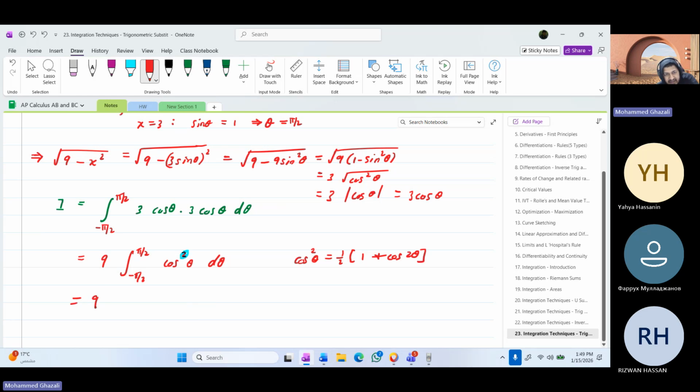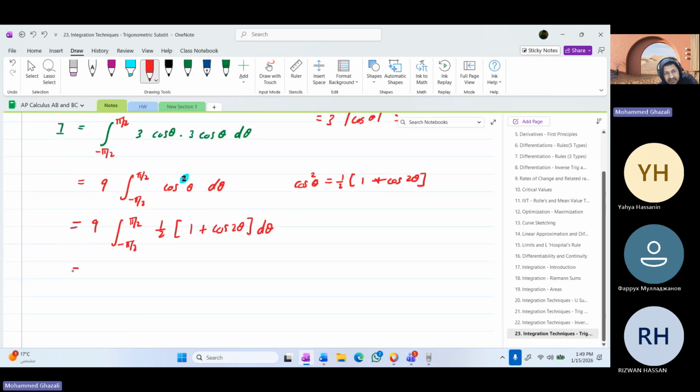Right, so we have 9, and we have half into 1 plus cos 2 theta d theta. Now it's easy to integrate because 9 times half is 9 over 2.